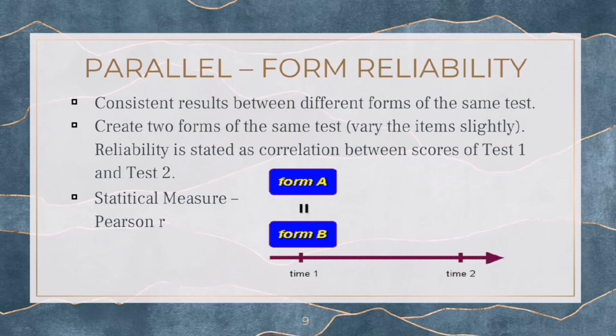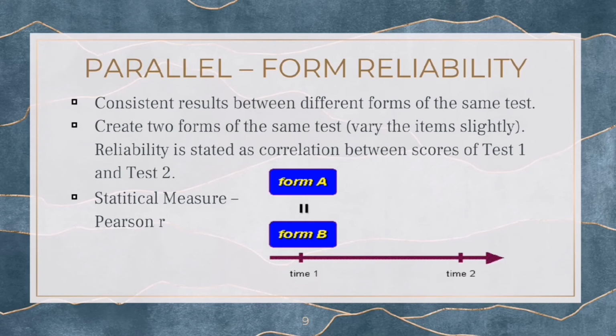But it would be even better if we randomly assigned individuals to receive Form A or Form B on the pre-test and then switch them on the post-test. That is possible. It's up to you which way you will use.